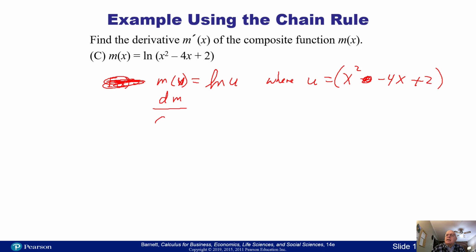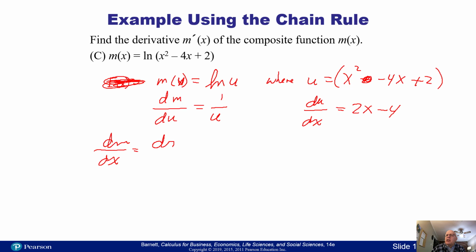dm du equals, and the derivative of this is pretty easy, 1 over u. Over here, what's du dx? Well, this is pretty easy, 2x minus 4. Now we'll put them together. What we want is dm dx.